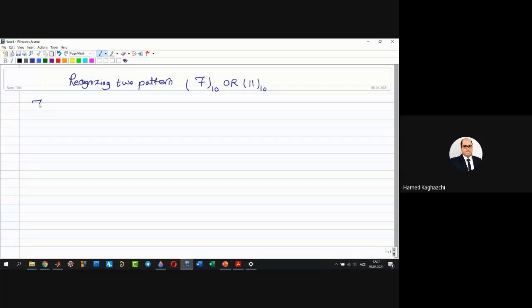We know that 7 in decimal is equal to 0, 1, 1, 1 in binary, and 11 in base 10 is equal to 1, 0, 1, 1 in binary.